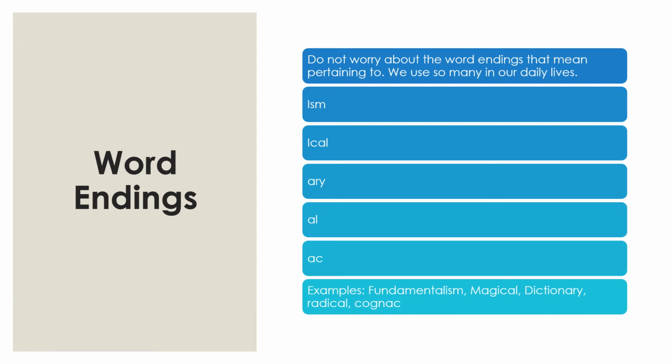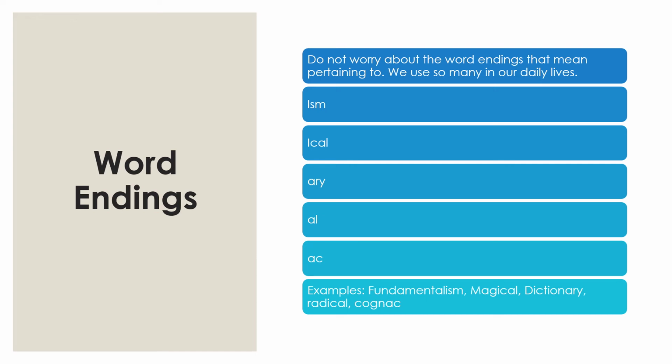We've used these our whole life, like I have here, fundamentalism, fanaticism, magical, practical, dictionary. So they're there for you. Radical and AC, like the alcohol cognac. But AC is used often in medicine.